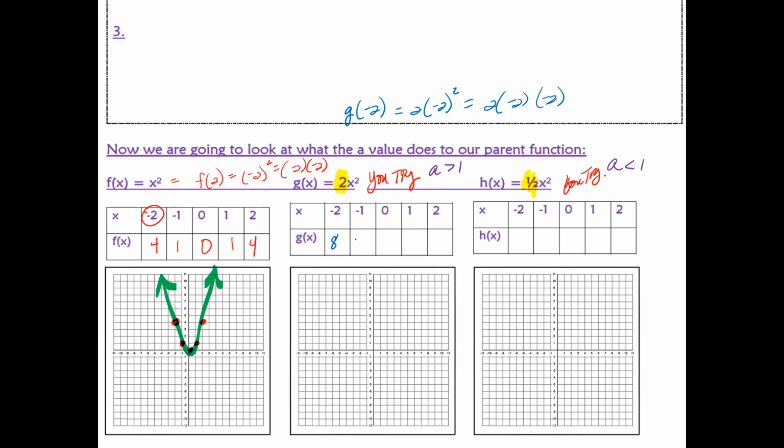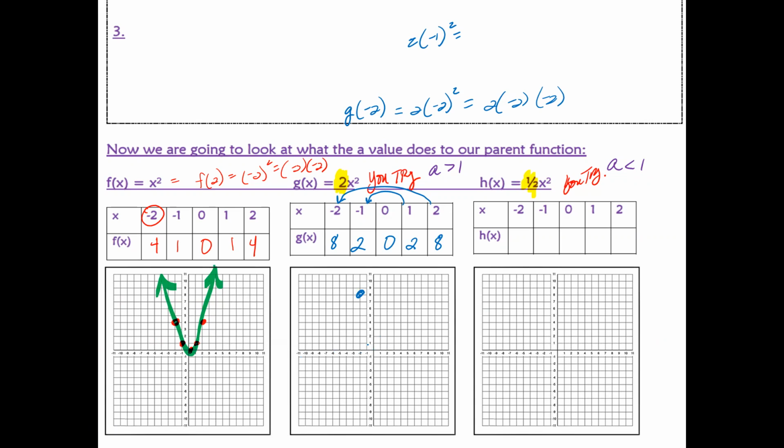Same thing with -1. 2 times -1 squared is 2 times -1 times -1, which is 2. When x is 0, g of x is going to be 0. When it's 1, it's going to repeat, as you can see. So 2, 2, and the repeat of 8. Let's graph this. At -2, you go up to 8.